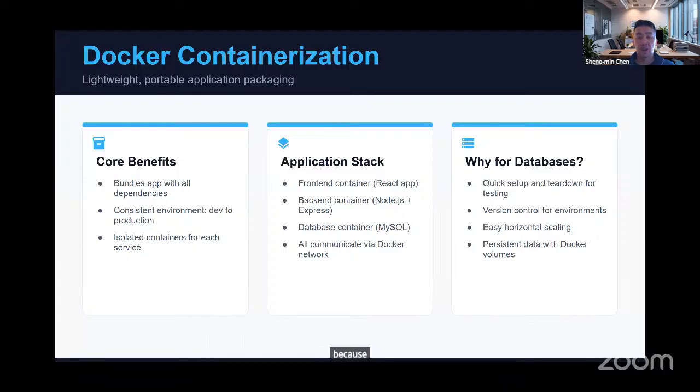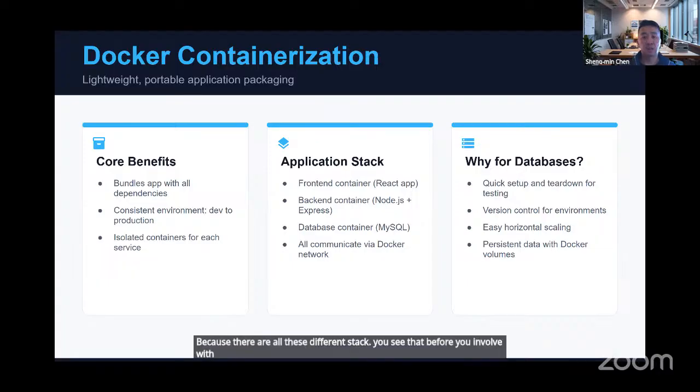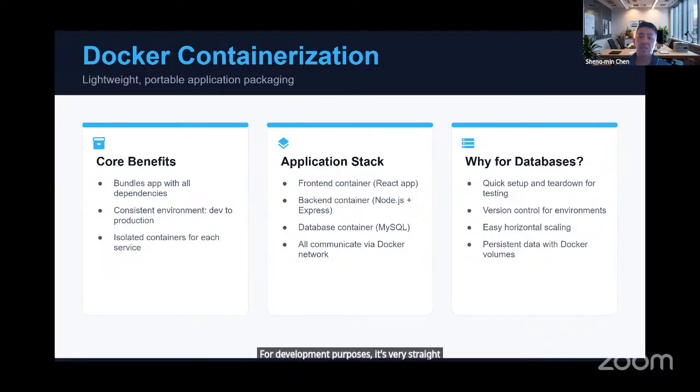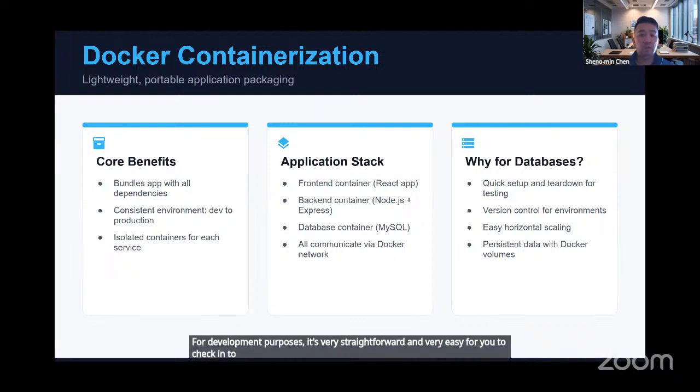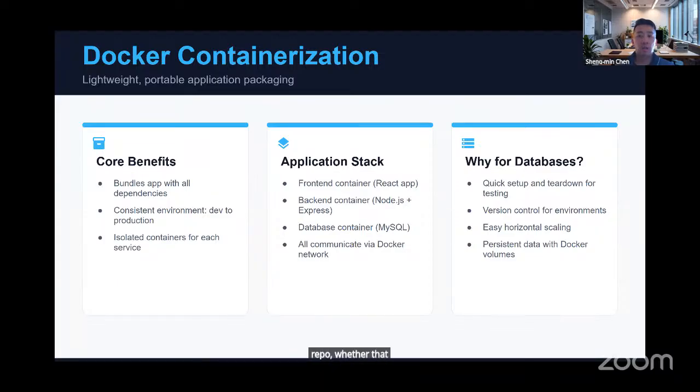Because there are all these different stacks, you see that before you involve databases, there is just the front end and Node.js. And for development purposes, it's very straightforward and easy to check into a repo, whether that is GitHub or something like CSV.